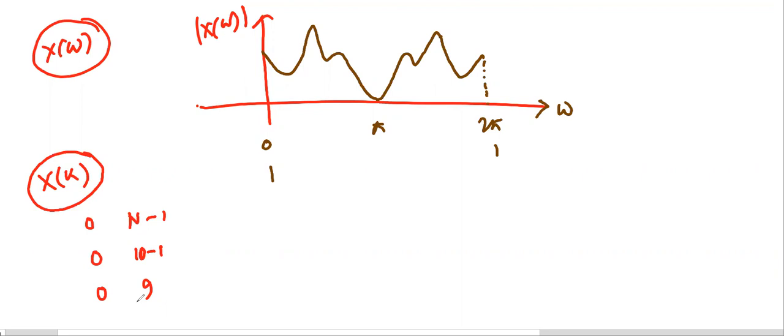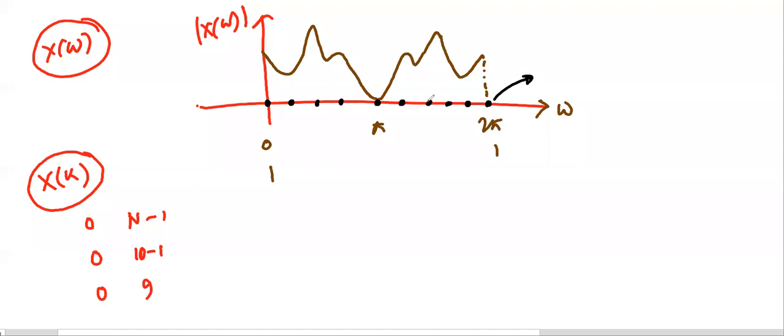Okay. So how can we sketch those things? Let's try to make it like this. This is 0, 1, 2, 3, 4, 5, 6, 7, 8, 9, and 10. This 10 basically belongs to the next cycle.